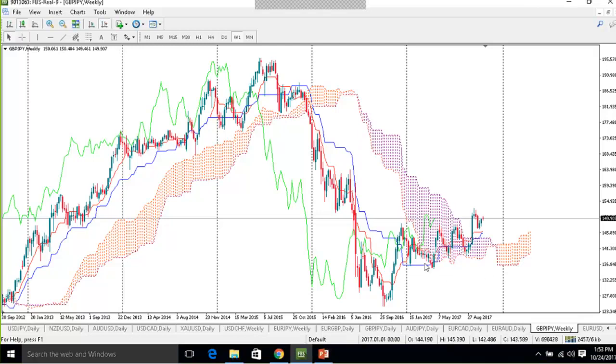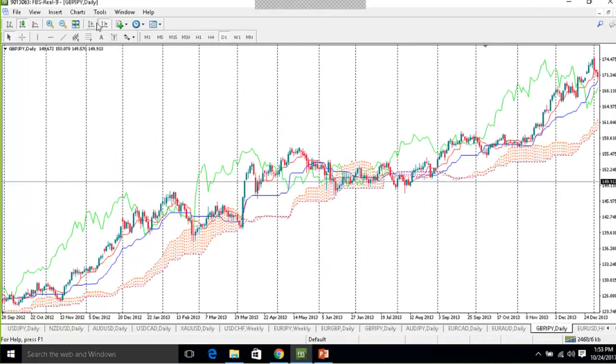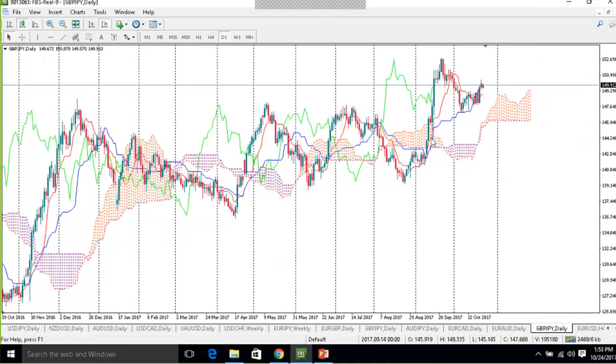You can see on the weekly chart that we have a substantial bullish Ichimoku cloud appear, there was a strong break outside of the cloud, and here the lines are in a kind of bullish order on the weekly chart. On the daily chart, well, we have a picture like this. The price has a bullish bias.